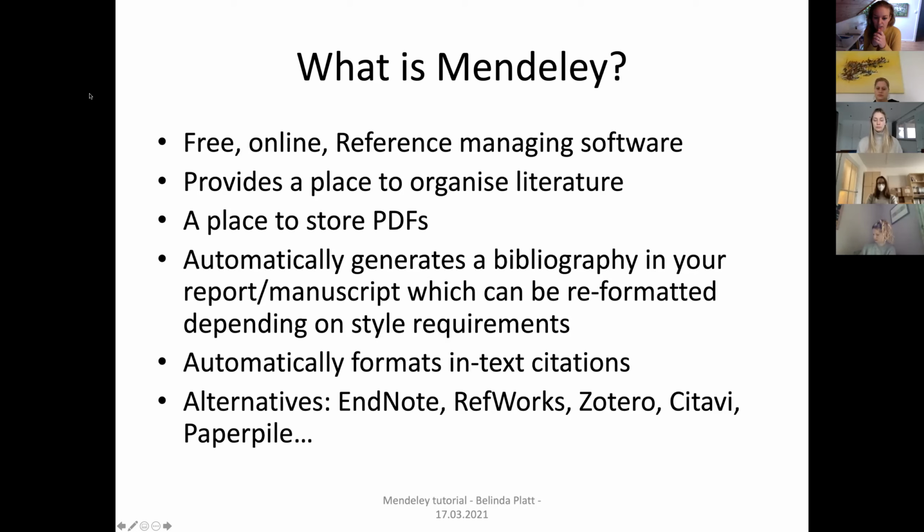And I mentioned that before, but it automatically generates a bibliography for you in your manuscript or report, which can be reformatted depending on style requirements. I guess it's not so obvious when you're writing your bachelor's or master's thesis why you would ever need to change the style, because you know the style at the beginning. They tell you to format it, for example, in APA style, then just do that.